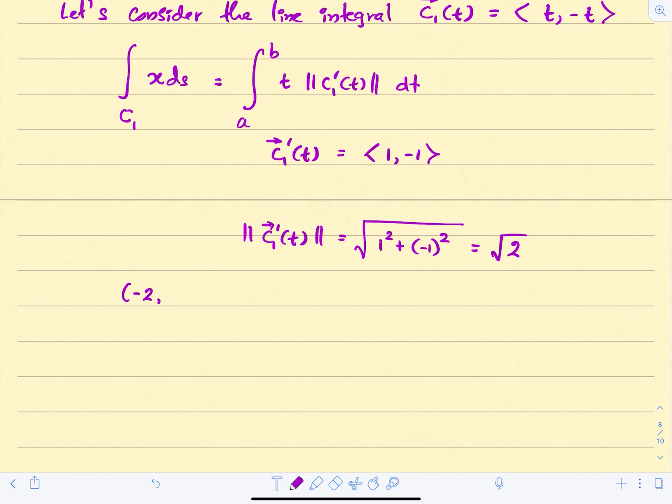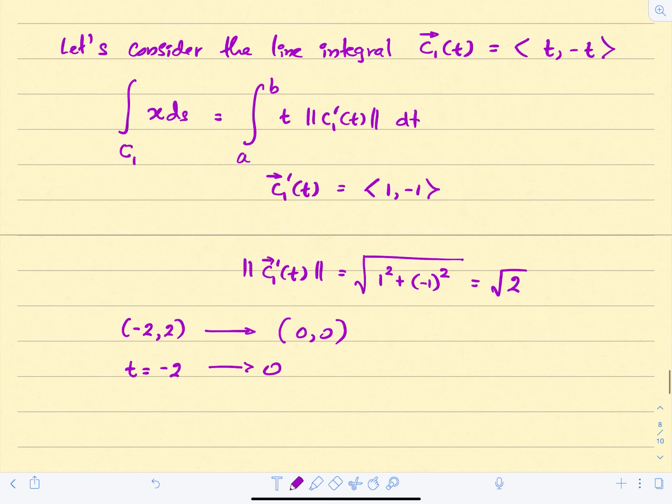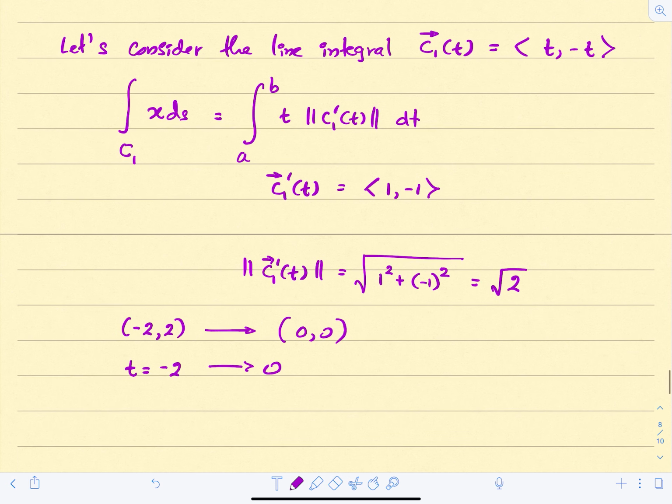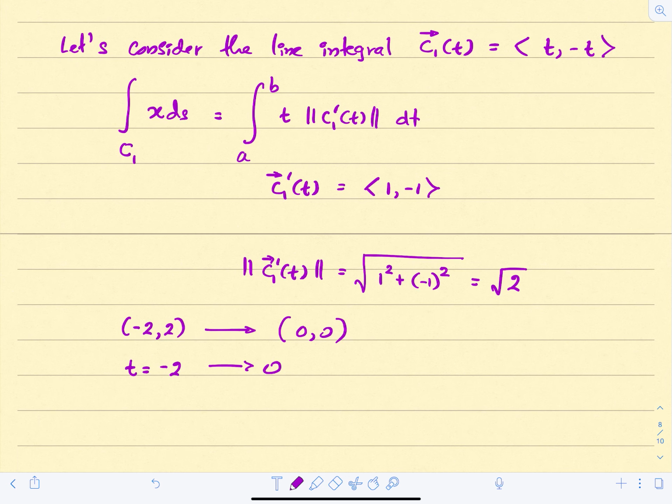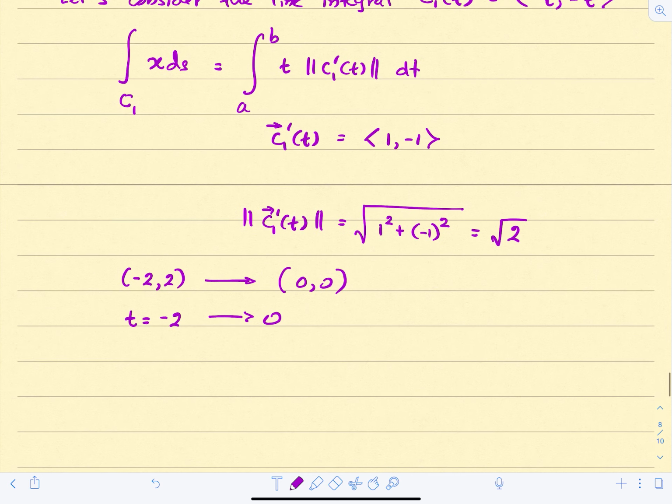So let's make this note: t goes from negative 2 to 0. Because when t equals 0, you will reach the origin, and if t equals negative 2, you will go to the initial point.